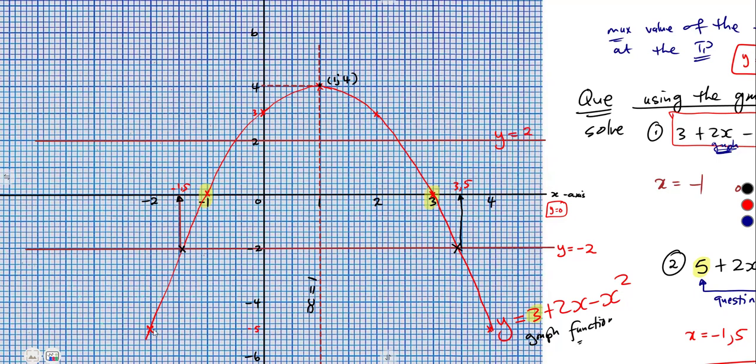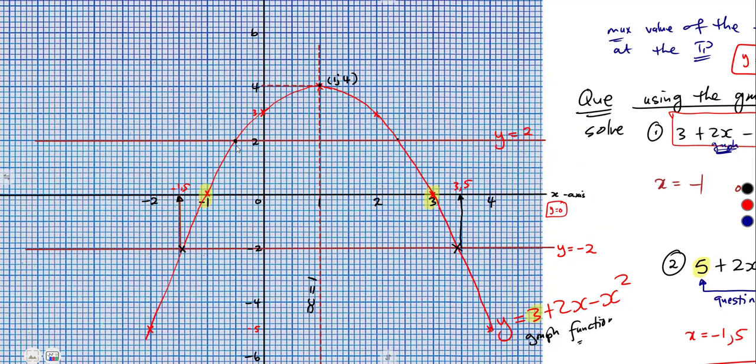Then to solve, where the original graph and that line of y is equal to 2 intersect, where these two meet, is at this point and at this point. So where those two points meet, you use that to obtain the solutions. So back to the x-axis. As always, you take your solutions to the x-axis.